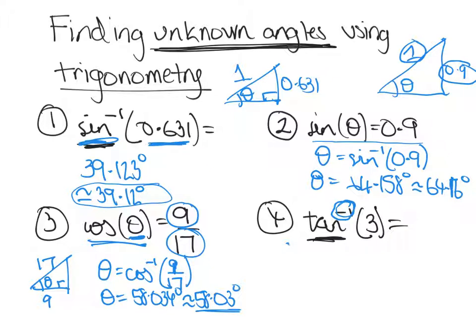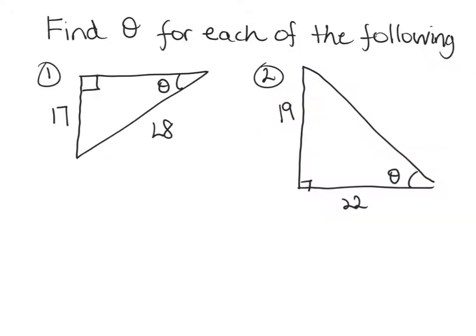If you do that, you should find that inverse tan of 3 is equal to 71.565, which if you round to two decimal places should be 71.57.